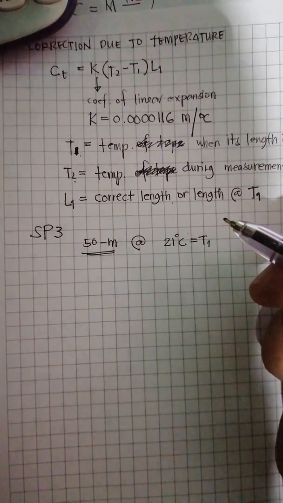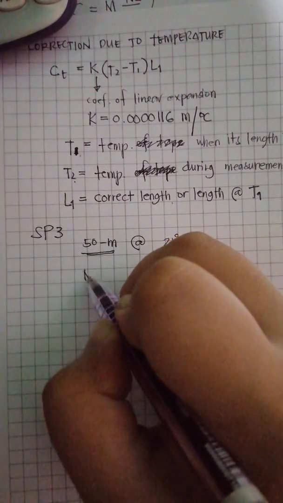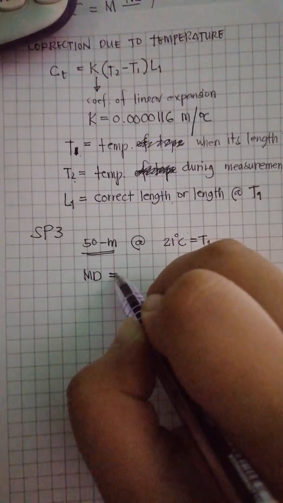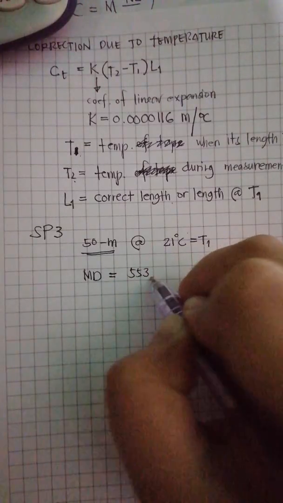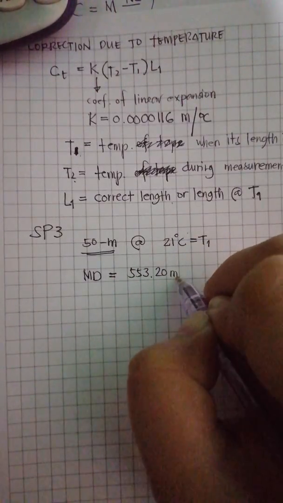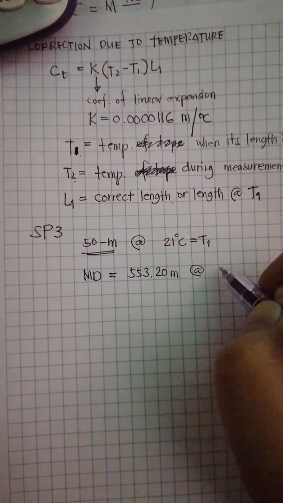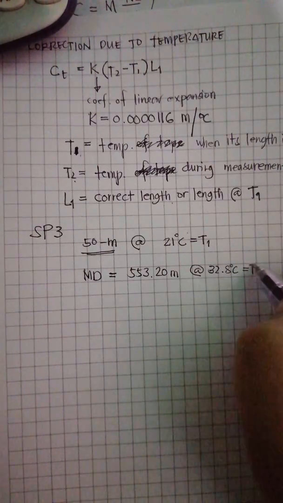The tape was used to measure a line whose distance was measured to be 553.2 meters when the temperature is 32.8 degrees Celsius.